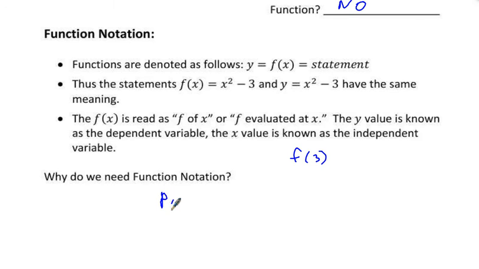So there could be a profit equation, so we could call that P of x equals something, and then a cost equation, C of x, and we could compare those things. There are many other applications and needs for the function notation once you get into systems of multiple equations in one computer program or one problem.